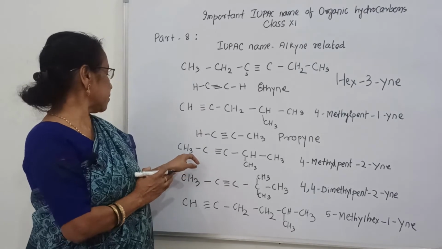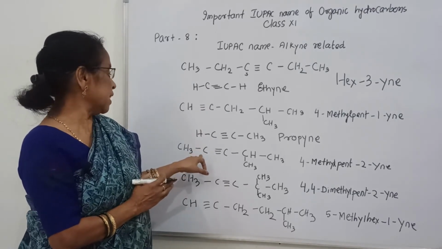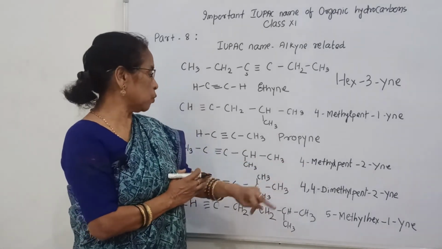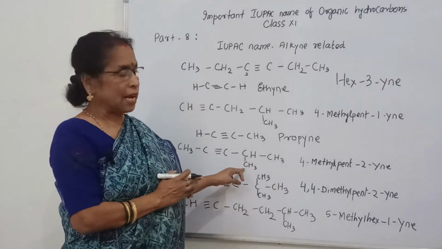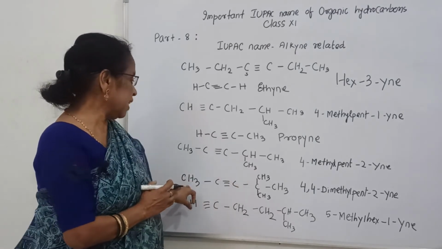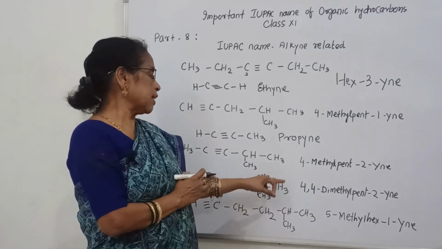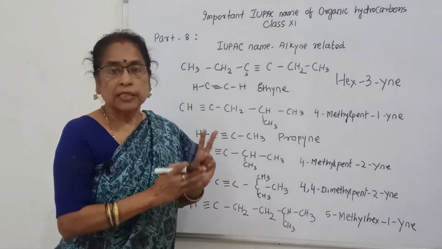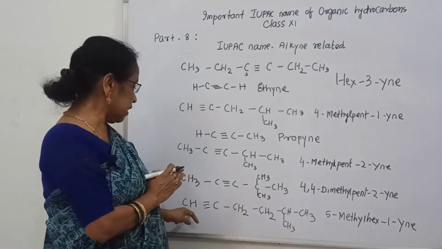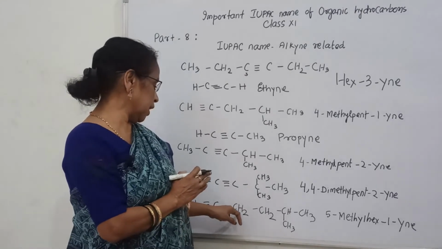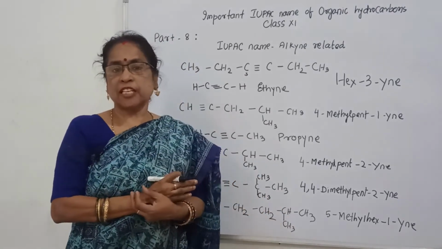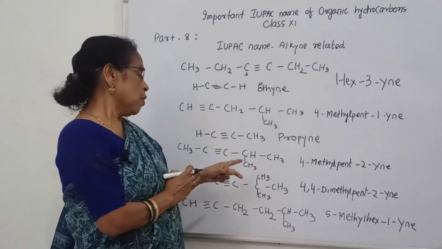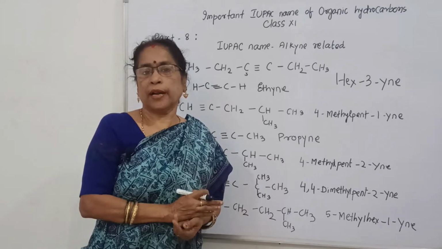And here after 1, 2 there is a triple bond, 2-yne, longest carbon chain pent, so pent-2-yne, and position 4 methyl, 4-methylpent-2-yne, and here it is 4,4-dimethylpent-2-yne, because after 2 there is a triple bond. And here, after 1, 2, 3, 4, in the 5th position there is a methyl group, so 4-methyl, and here hex-1-yne.